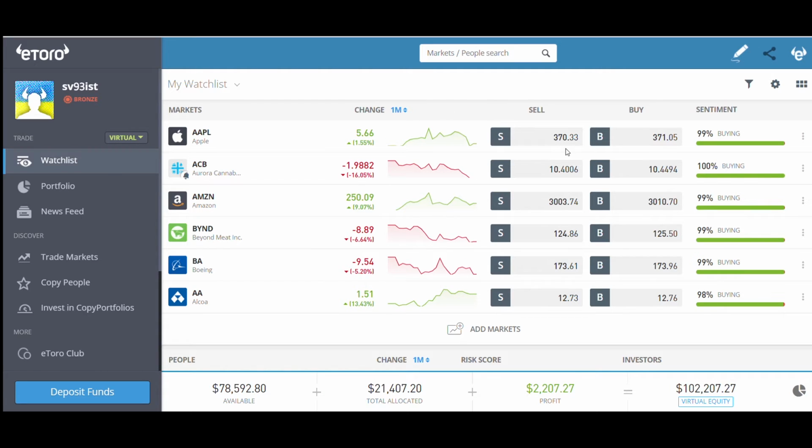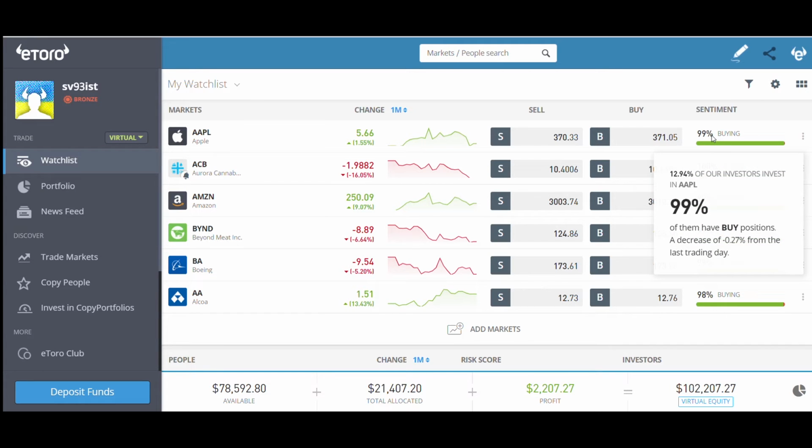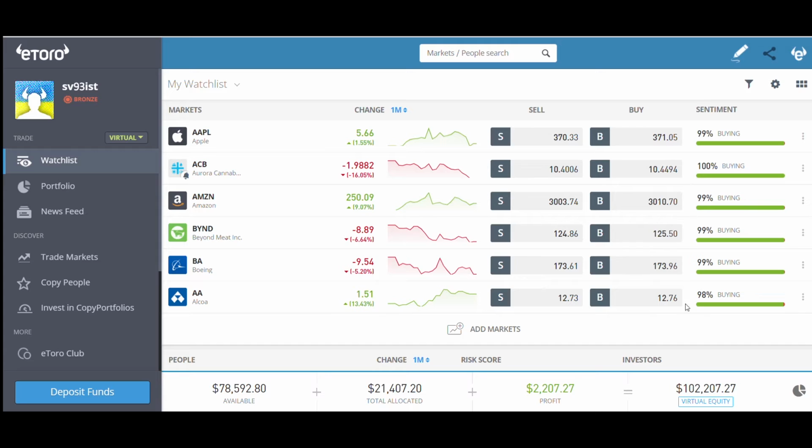There is a price for selling and buying, and also there is information about eToro investors, that 99% of investors have in Apple stocks the buy position, and 12.94% of all the investors in eToro invest in Apple. So this is very useful information about these stocks.